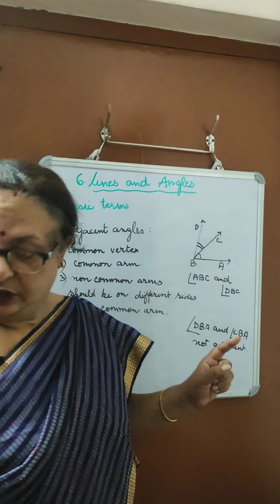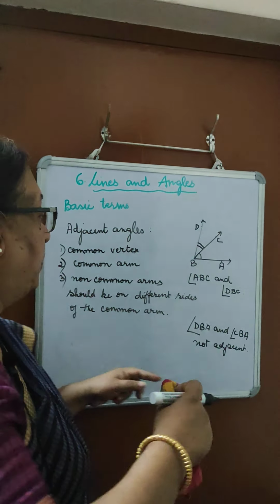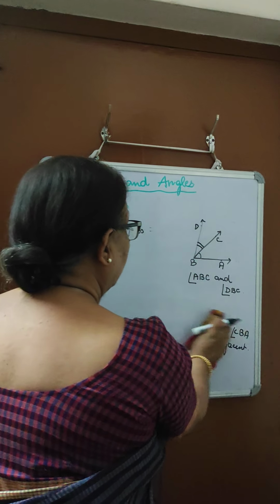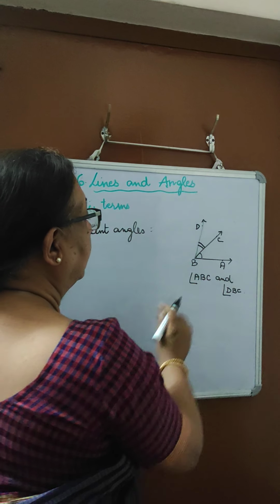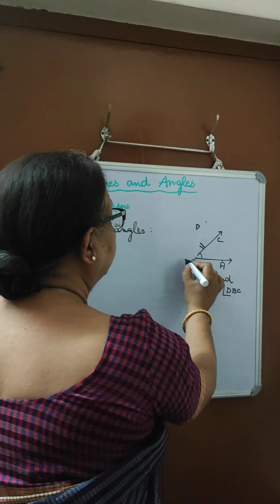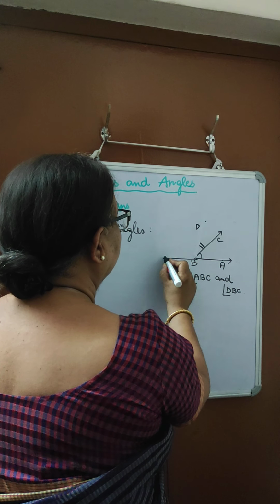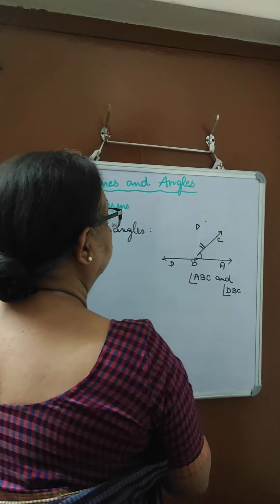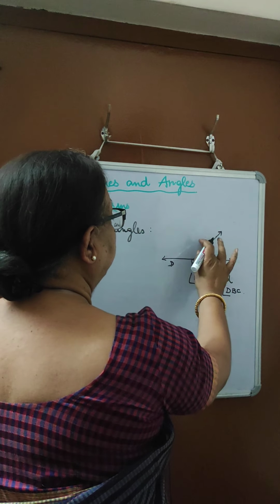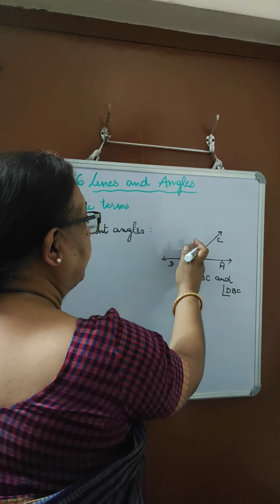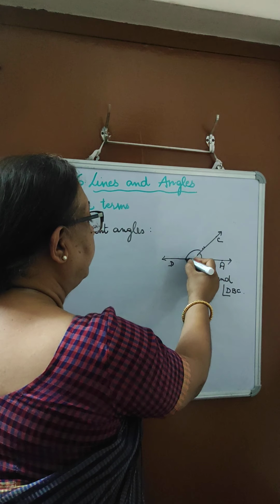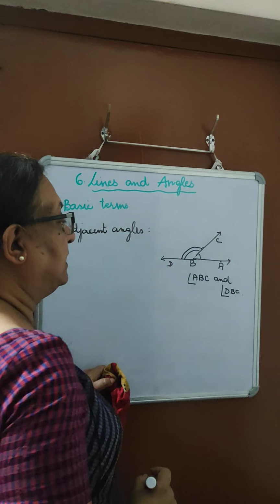Okay, understood? Now suppose in this adjacent angle, instead of this ray, D comes here. Then what happens? Again, this is one angle and this is another angle.